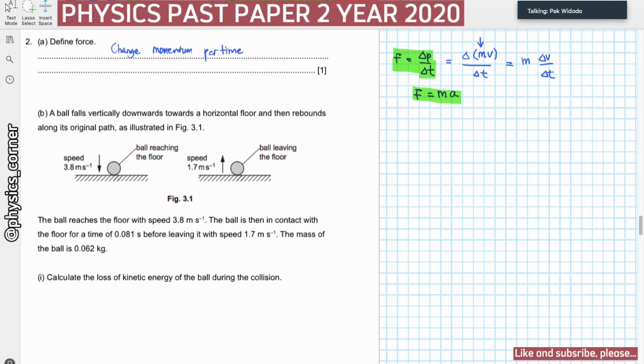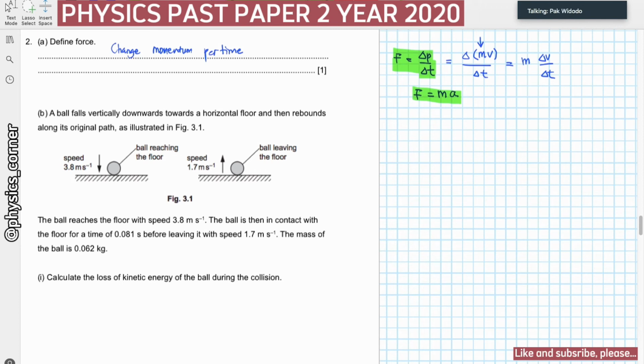B, a ball falls vertically downward toward a horizontal floor, then rebounds along the original path as illustrated in figure 3.1.